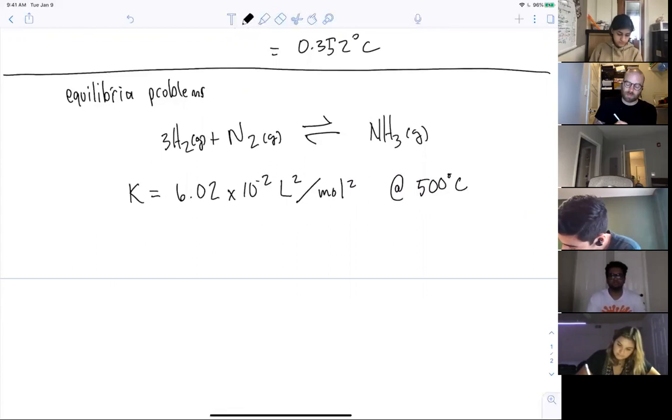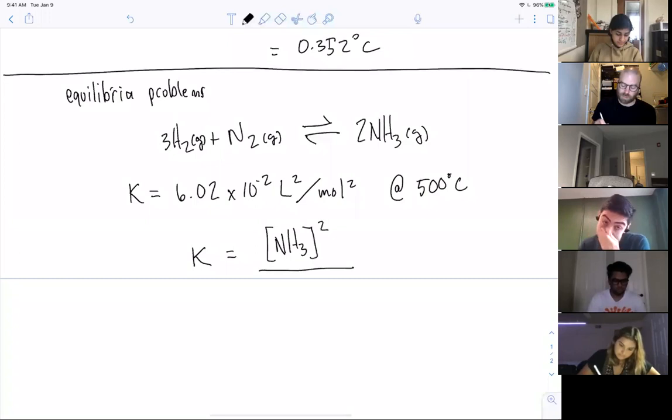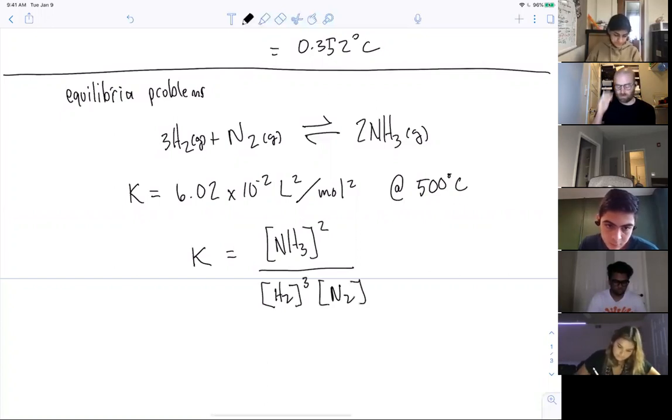But this K value is important because it has this relationship with the products and the reactants. Which is that you can take the products and divide them by the reactants. And we raise them to the power.